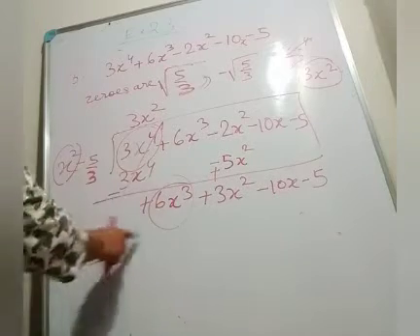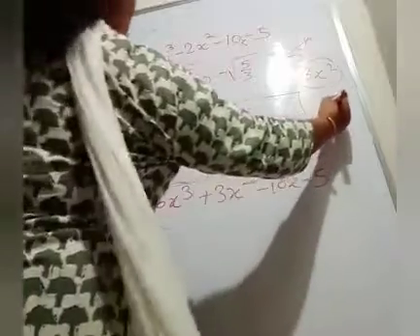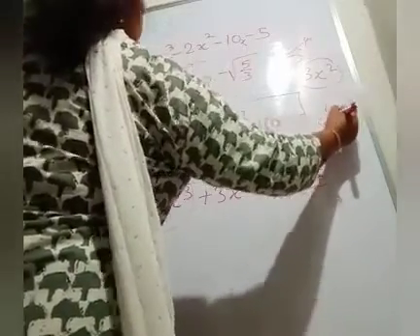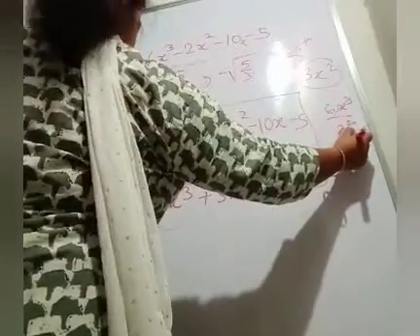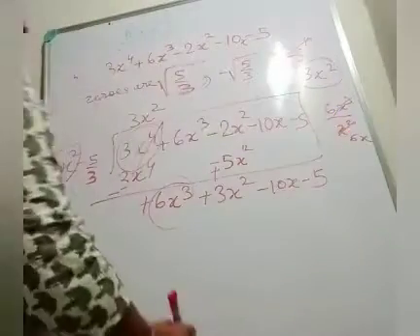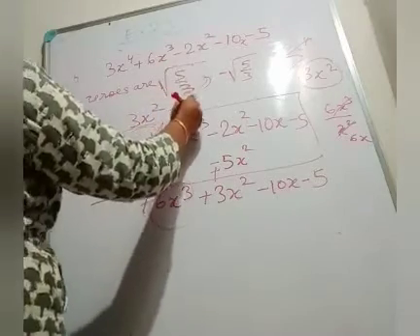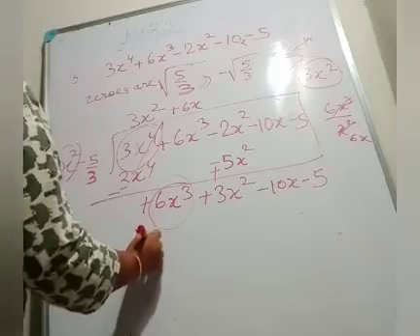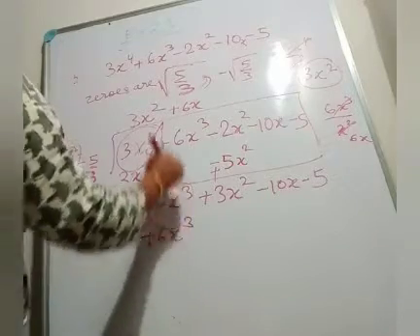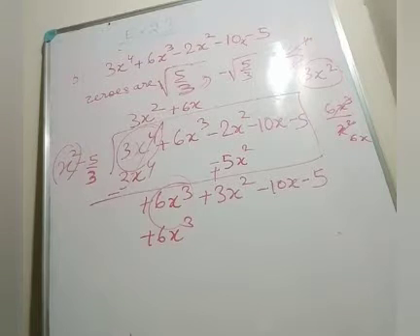Now take the first term of the remainder and the first term of the divisor and divide them in rough. You will get the new quotient, that is 6x. Write 6x as the new quotient and multiply it. 6x when multiplied with x square will become plus 6x cube.